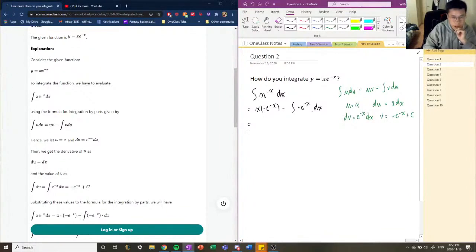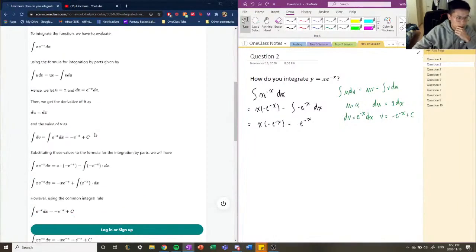So if we were to solve this, it would be x times negative e to the negative x, minus, it would be e to the negative x. Minus minus, so this would be minus. Yeah, so that's how we solve that.